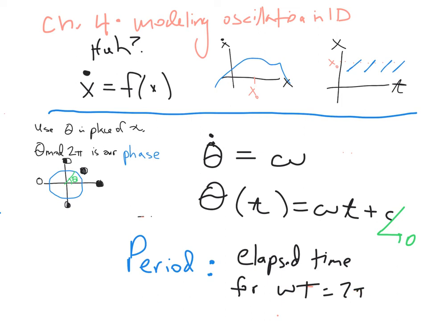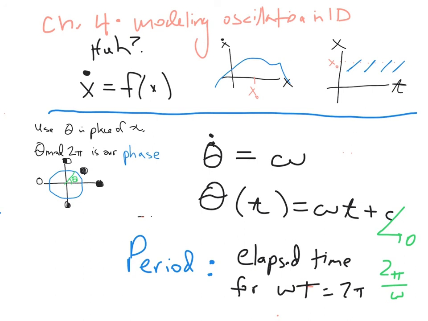In this case, that period is 2 pi over omega. And for the moon, it takes about 28 days to go through this cycle. So we want this period, 2 pi over omega, to be about 28 days. And then that actually determines for us what omega is. If we want 2 pi over omega to be 28 days, then we should be able to find omega without a problem.